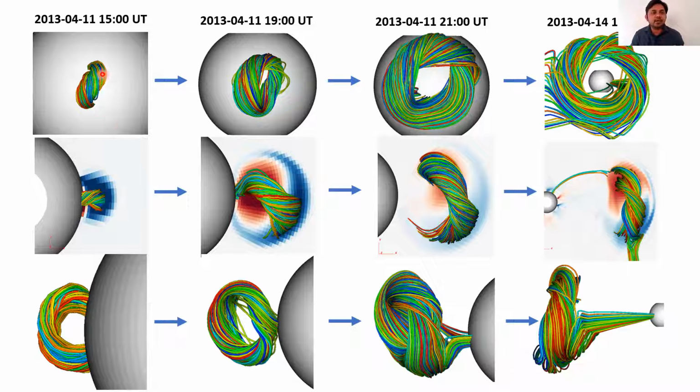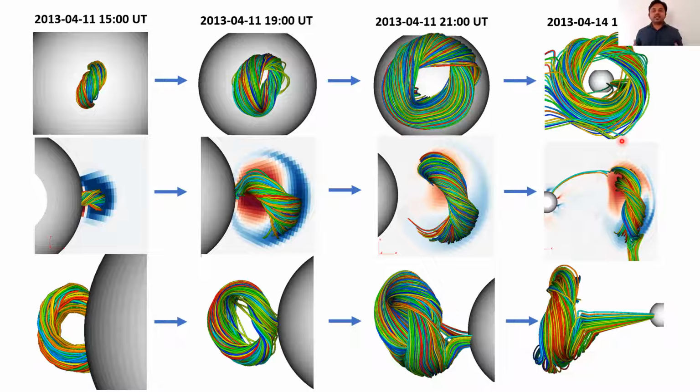From the other viewing angle also, you can see that initially the configuration was like this, but as it rotates, when it reaches 1 AU, the hollow part of the spheromak is basically crossing through the Sun-Earth line at 1 AU.